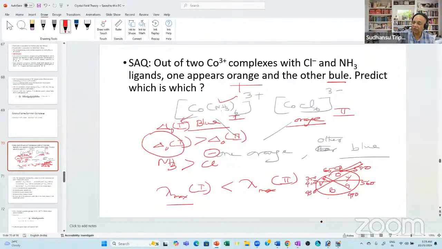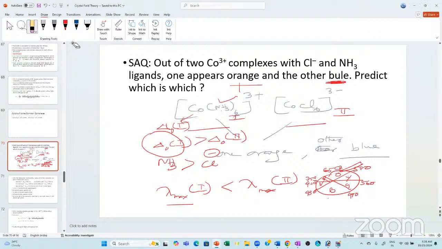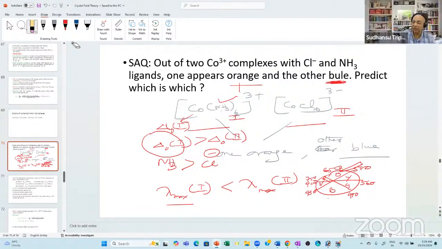So the complementary color that we observe, orange, is from the YOR region, and the blue is from the VBG region. Did you get your mistake, Master Udit? Yes, sir. So what color will hexaamine cobalt exhibit?